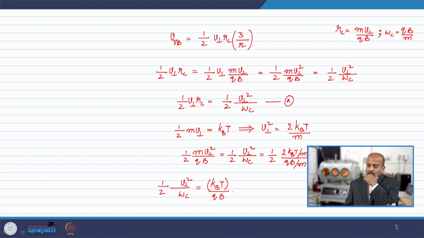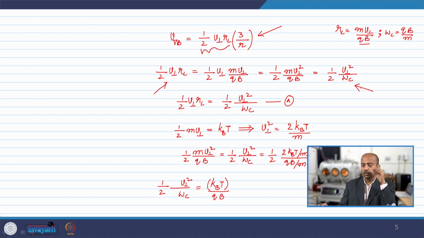What have we done? If you are just wondering what I have done, up to here it must be clear to you. Now I am looking at this factor half v perpendicular RL. Using the definition of RL, I am just writing half v perpendicular RL as half v perpendicular square by omega c.